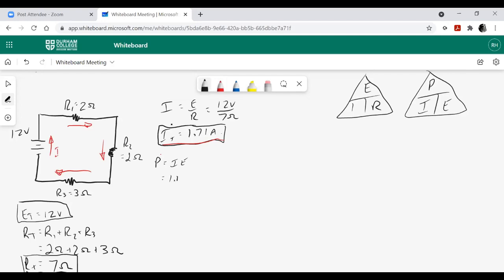So 1.71 amps times our voltage of 12 volts gives me 20.52 watts. Okay, so those are our total values.